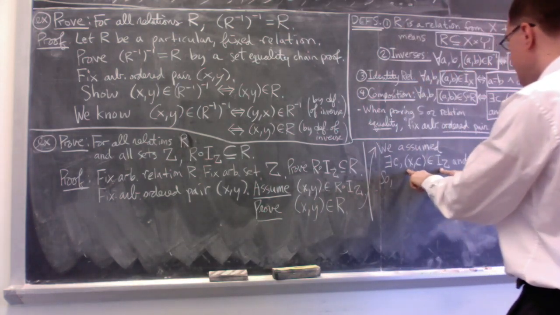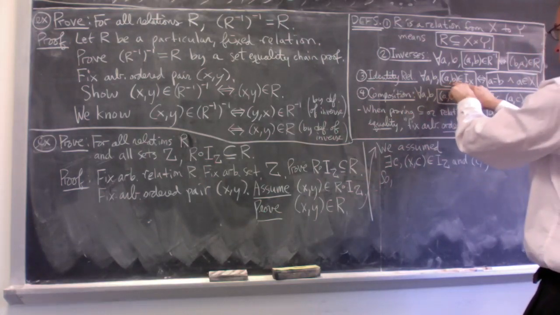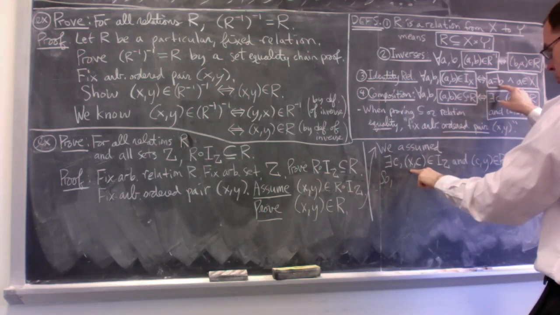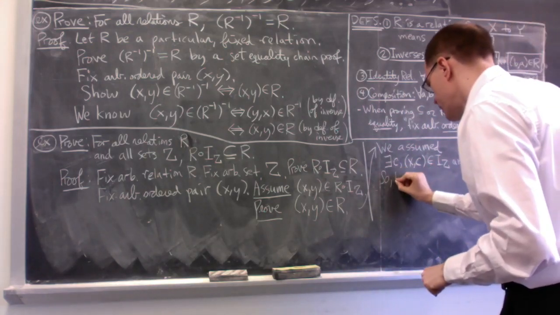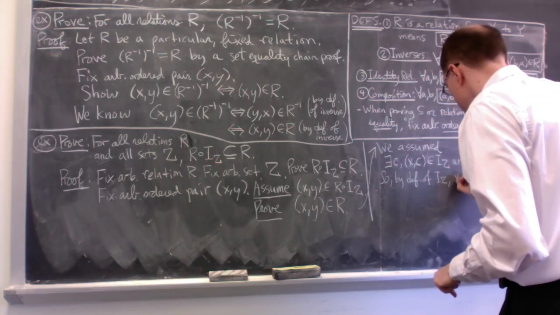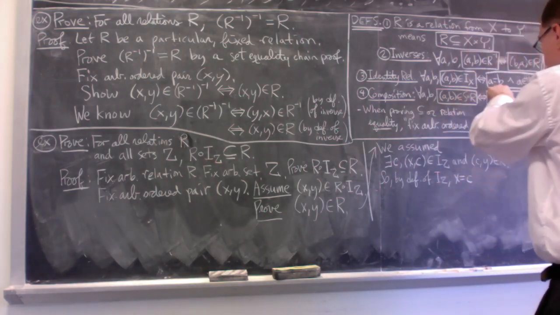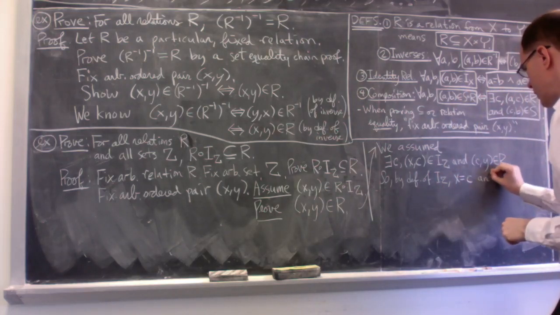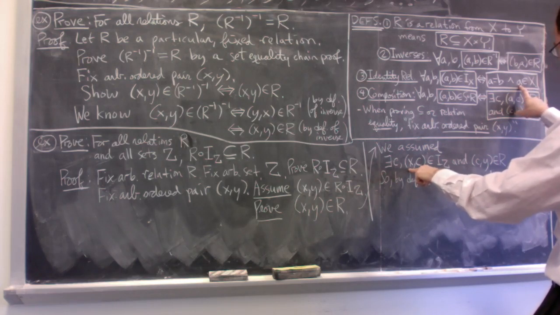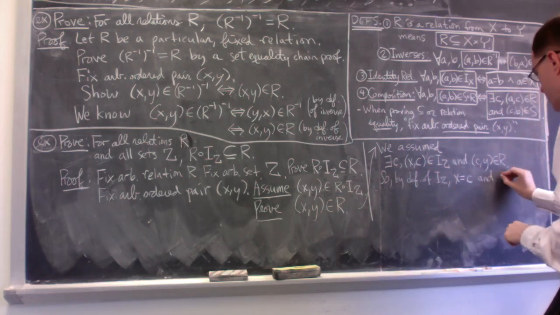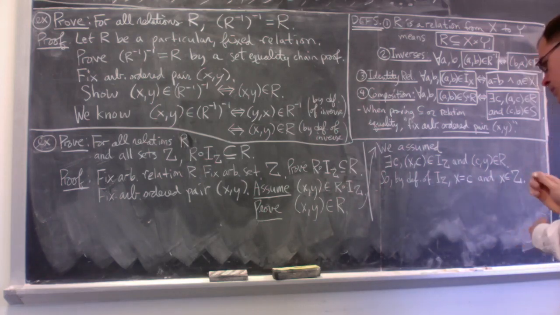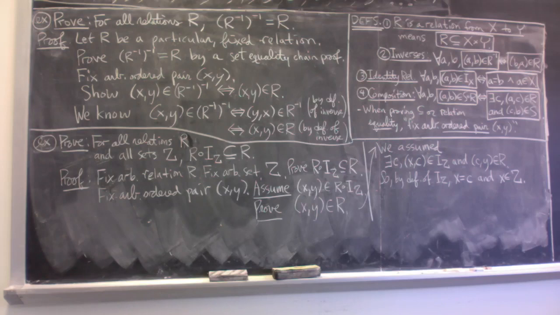So let's see what that means. x comma C is in IZ means that those two objects are equal, x is equal to C, and the first guy, x, is in the set Z. Okay.